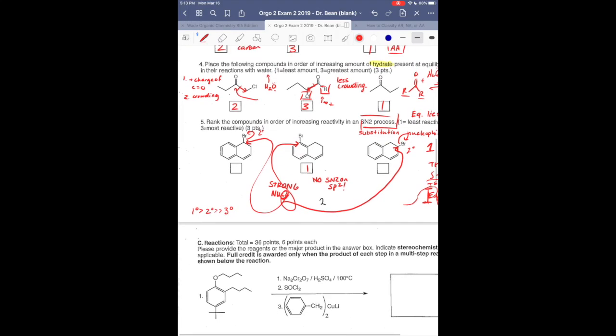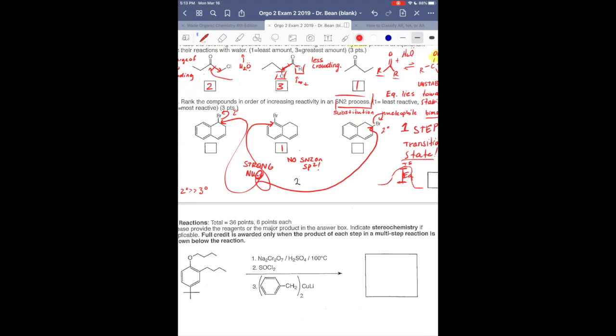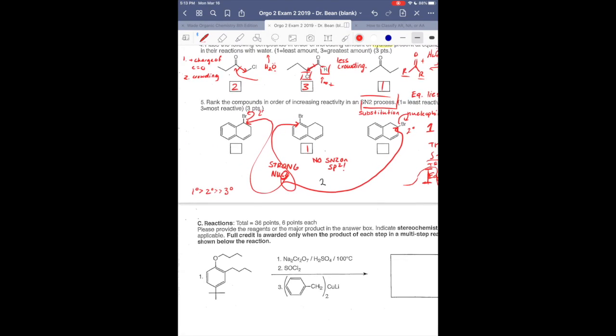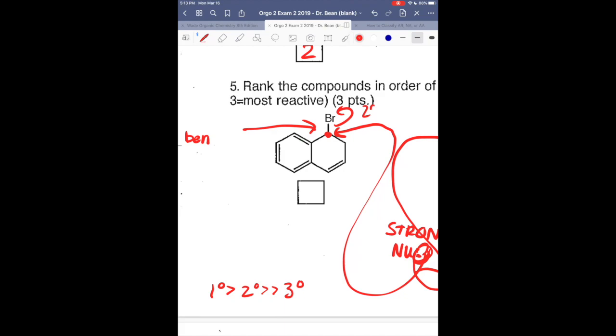Now, there is something very special, and I believe this was mentioned in the notes, but only briefly. If you have a leaving group of some sort at specifically this position, that's called the benzylic position. Then it is more positive.